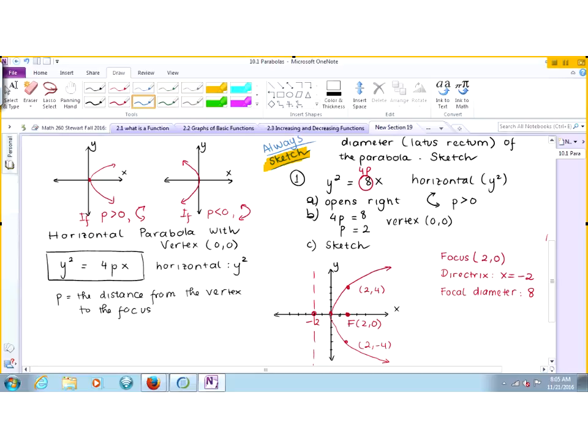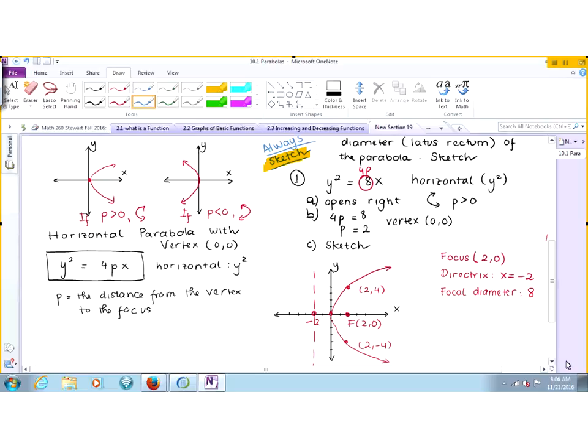The distance from the vertex to the focus and from the vertex to the directrix is the same, just on opposite sides. If the parabola opens right, the focus is on the right of the vertex. It's not possible to have the focus on the left and the parabola open right. Does that make sense?